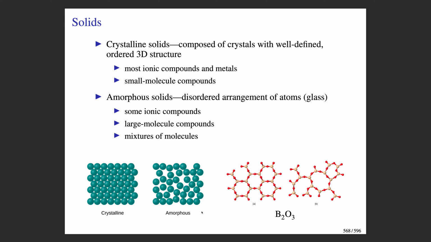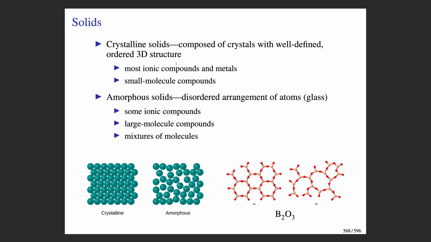These molecules or ions are occupying positions within a lattice of atoms and molecules that is very well defined, and it repeats itself throughout space. So crystalline solids have a well-defined three-dimensional structure involving the molecules and atoms that make up the crystal.